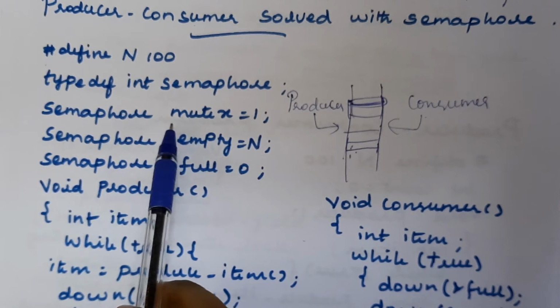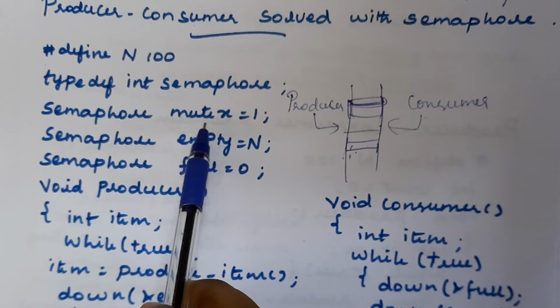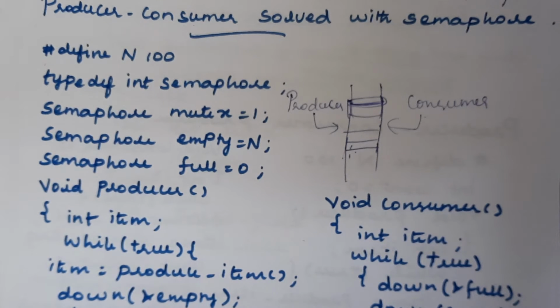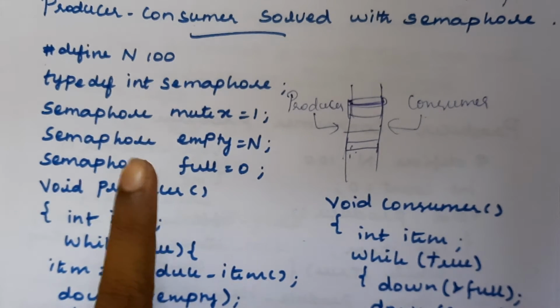For that we have one semaphore variable, mutex, initialized to 1. Whenever a semaphore variable is initialized to 1, it could be used by more than one process, but we have to satisfy the mutual exclusion condition on both processes. That is what the semaphore variable mutex is for.